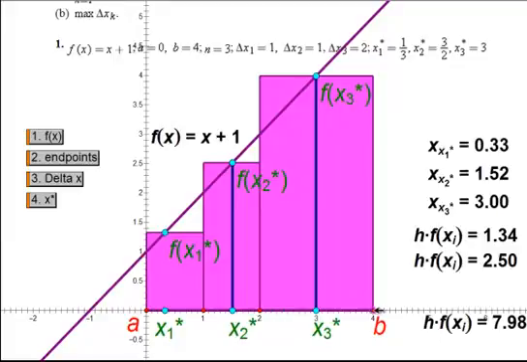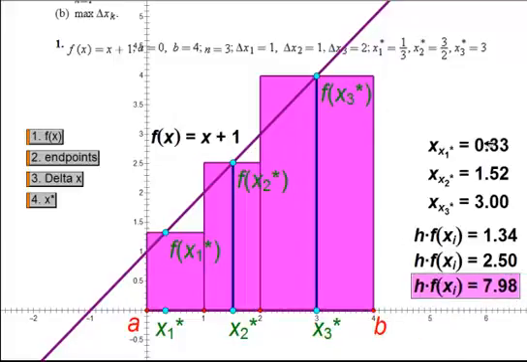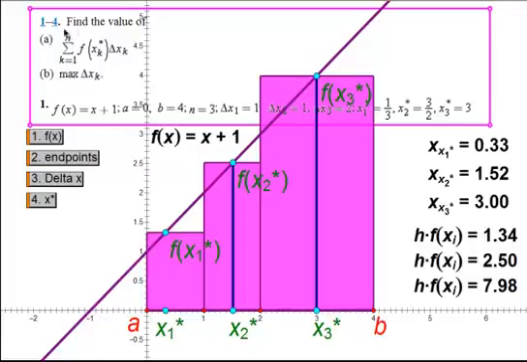Close enough. It's 7.98. So what we're interested in here is, if we go back to the original problem, this is a summation. So again, let's review everything that it's saying. We wanted to add together three things.